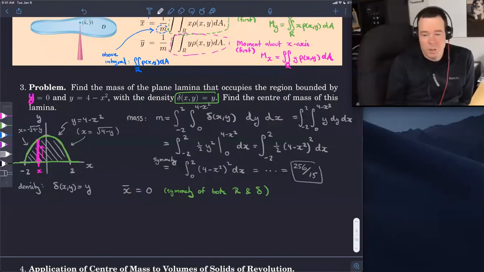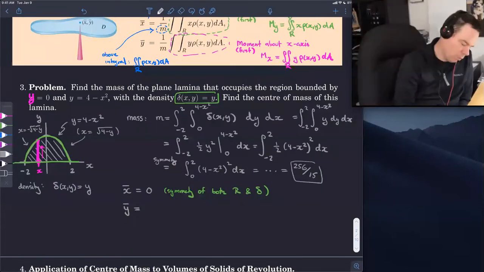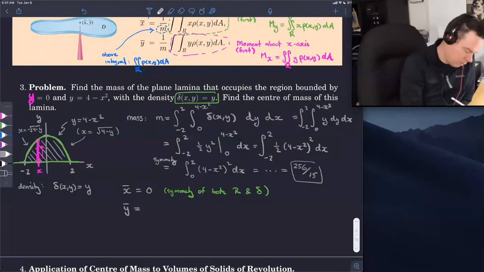And if you want to check, you can actually just work out the integral. I'll leave it to you to check. You'll get that it's symmetric, and therefore the integral turns out to be 0. The y center of mass is 1 over m times the x moment. So this is 4 minus x squared.